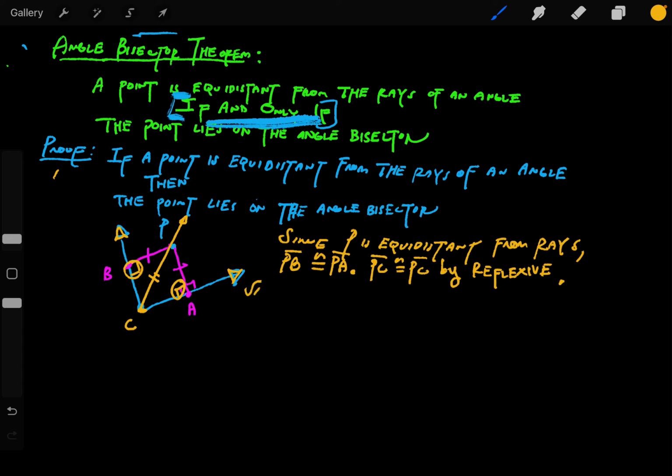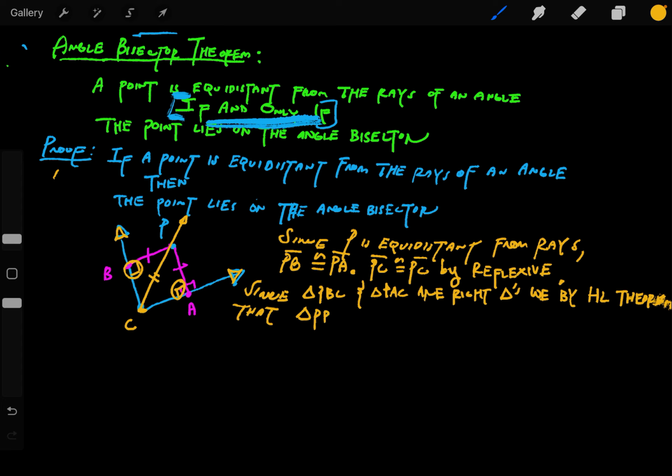Okay, so since triangle PBC and triangle PAC are right triangles, we know by hypotenuse leg theorem that triangle PBC is congruent to triangle PAC.